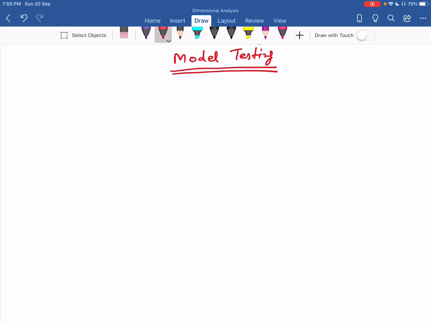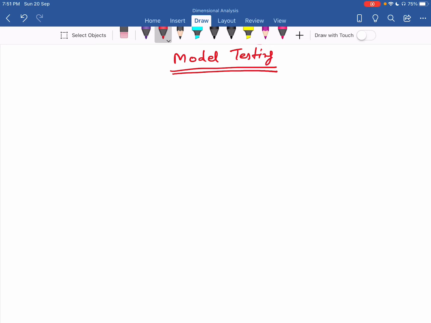Depending upon the results obtained from our experiments on the models, we predict how that particular machine will perform when we use it in an actual situation.